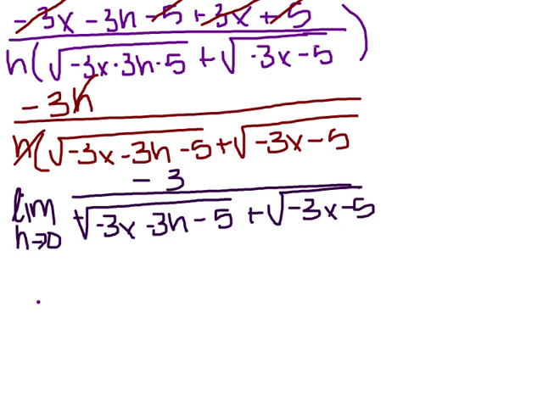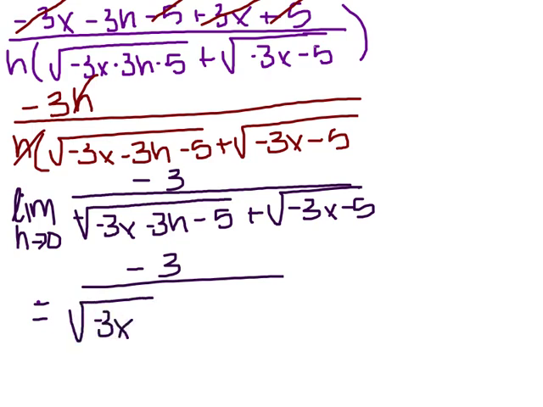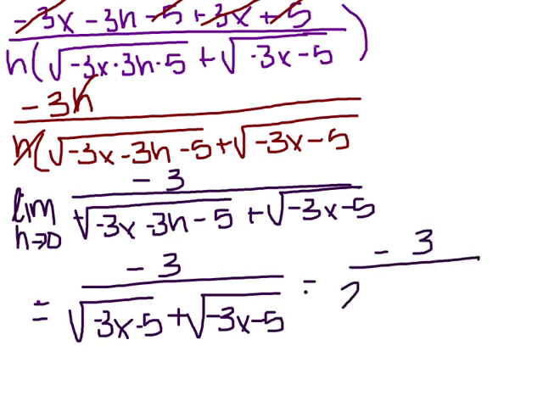So we have no domain restrictions that will come up when we plug in a 0 for h. So we end up with negative 3 over the square root of negative 3x. Negative 3 times 0 will be 0. So minus 5 plus the square root of negative 3x minus 5. We can write that in a more simple form: negative 3 over 2 times the square root of negative 3x minus 5.